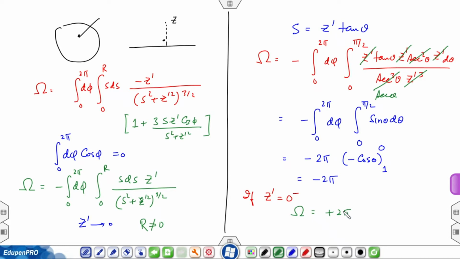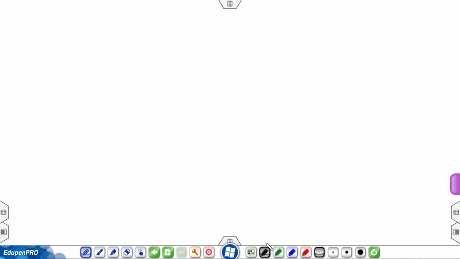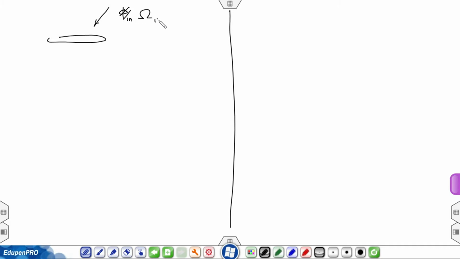So, let us see what is happening now. Given this loop, as this particle comes through, omega initial is equal to 0, it increases, comes all the way up to minus 2 pi here, and then switches over and becomes plus 2 pi here and goes to 0 again.